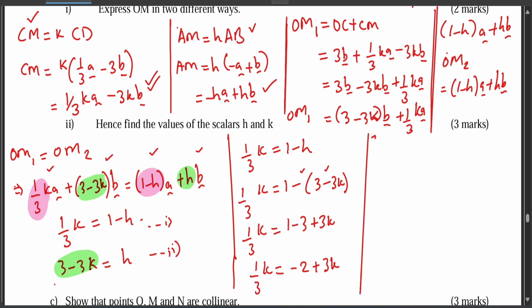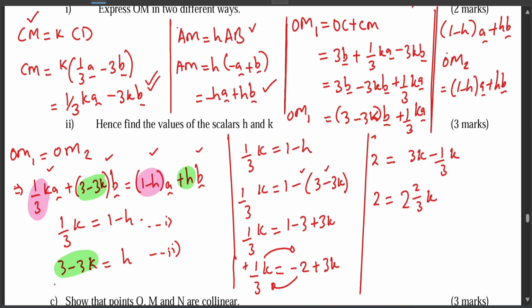So collect the like terms together, a third K peleka the other side, negative 2 peleka huku. So itakuwa positive 2 is equal to 3K minus a third K. So a third K ilikuwa ni positive, ukipeleka the other side itakuwa negative, and negative 2 ilikuwa negative, ukipeleka left side of the equation itakuwa ni positive.